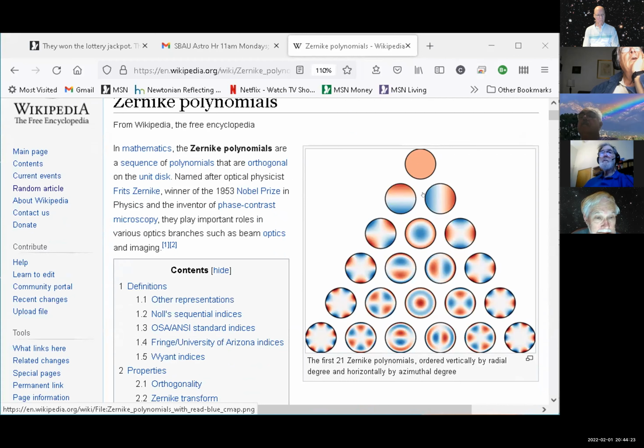These are tilt, X and Y. This is spherical aberration. This is trefoil, where the red means it's bent up and the edges are bent down. This is trefoil. And this is a secondary spherical.